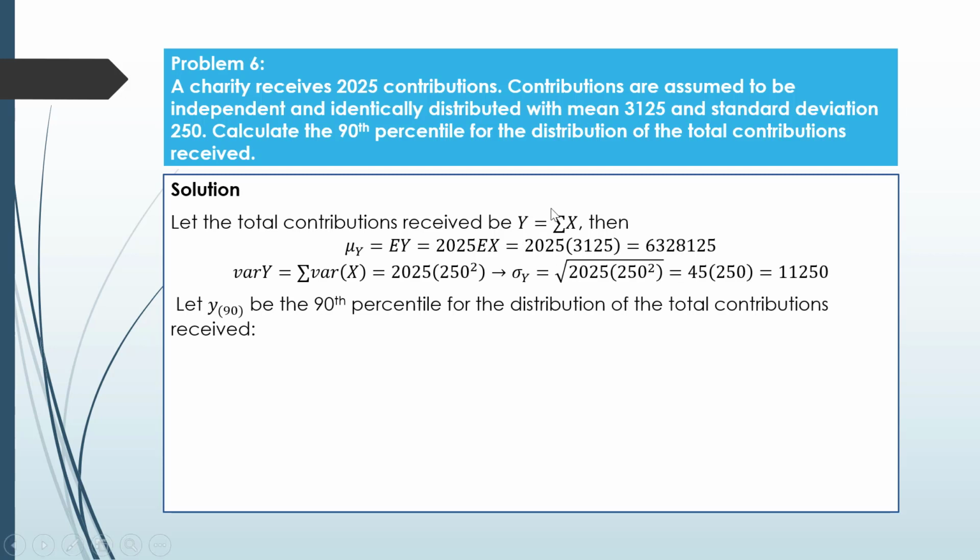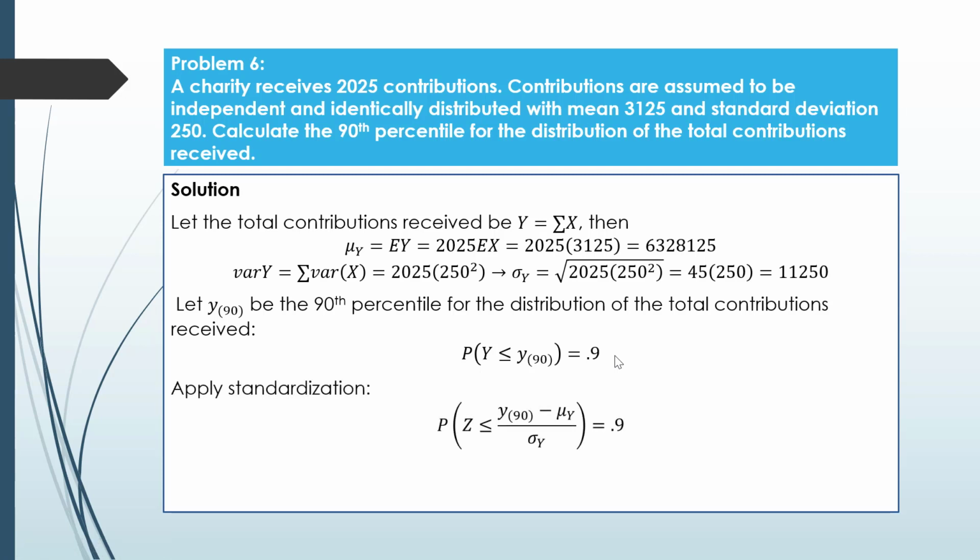Since Y here follows a normal distribution, to find the 90th percentile, let's call y90 the 90th percentile for the distribution of the total contribution received. We have the probability that Y is less than or equal to the 90th percentile should be 0.9. And using standardization, this is equivalent to the probability that Z is less than or equal to y90 minus mu Y over sigma Y, which is 0.9.